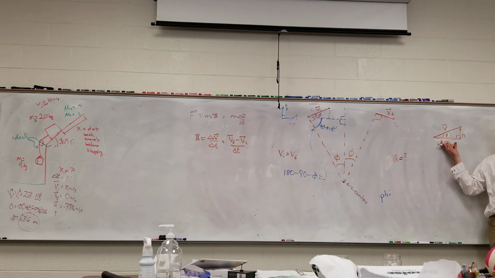Would it be velocity times cosine of phi? Which trig function? Cosine. Cosine, yeah. Technically, velocity has the direction, we're just looking at a magnitude here. So it is indeed v cosine of phi, and this would be v sine of phi.